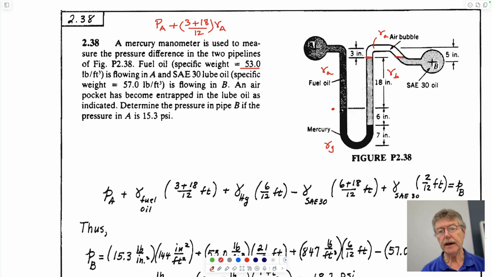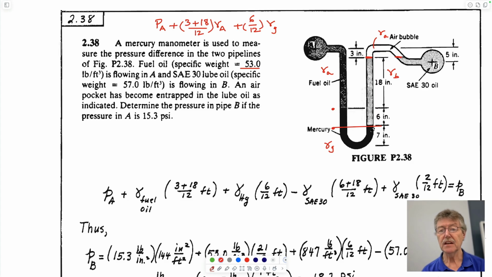Now we know that to go down here, we have to get the pressure at this point. So we're going down again. The pressure will be 6/12 times the unit weight of the gauge fluid. This is mercury.